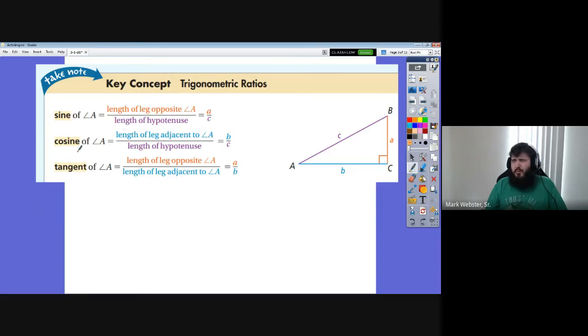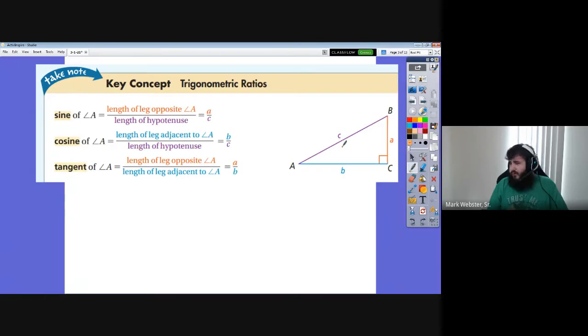You'll talk more about this in a much more rigorous sense when you get to pre-calc. But for geometry, we are coming at these from the perspective of, if I have any angle on a right triangle, I can use the fact that this angle is some amount, and then I will know what all the sides could be based on what the ratio is.